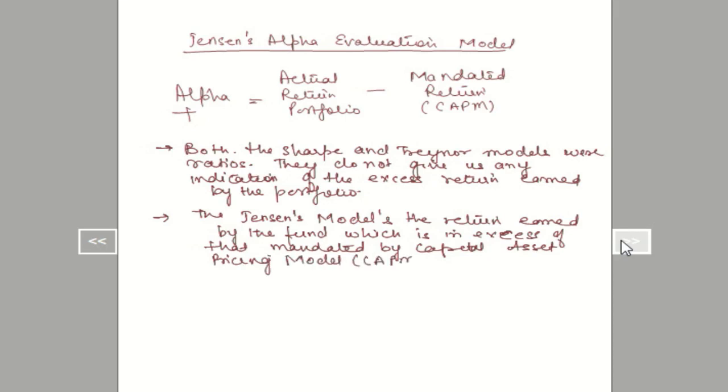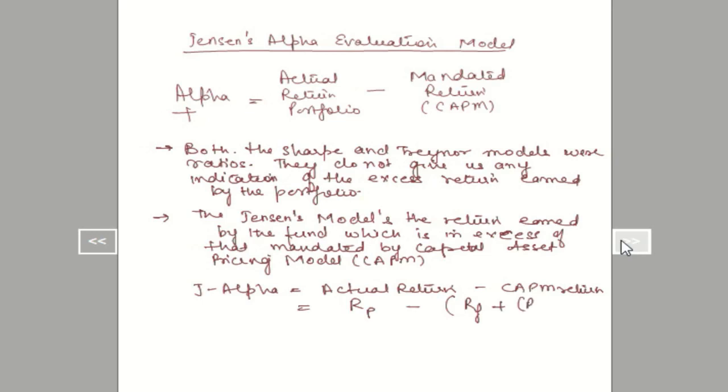Now, Jensen's alpha here means actual return minus CAPM return, basically the return of the portfolio minus RF plus RM minus RF into the beta of the portfolio.